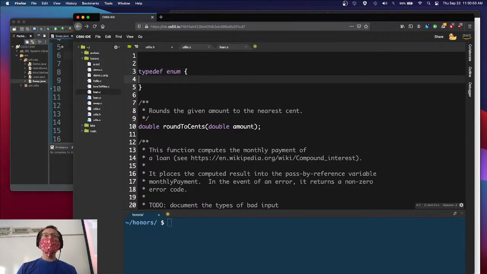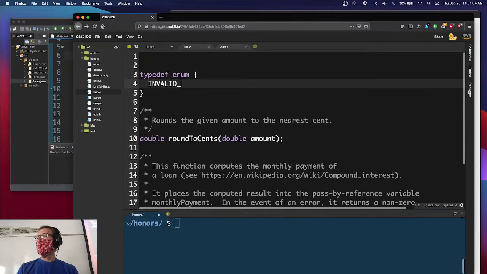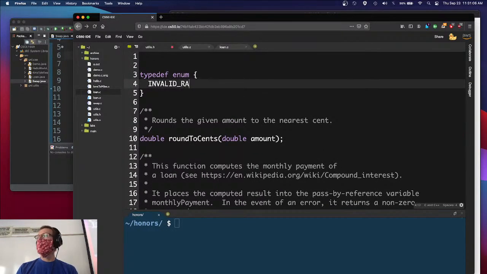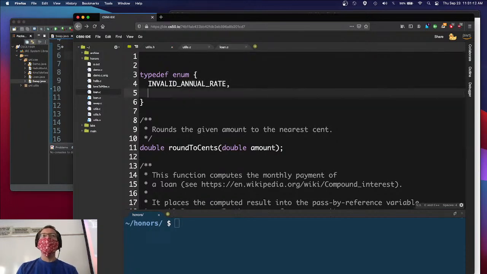So let's list all of those types of errors with plain old English names. So what was one of the types of errors? Invalid, what? Invalid rate? Okay. Annual rate, oh, okay, I like that better. Annual rate, okay. Comma.